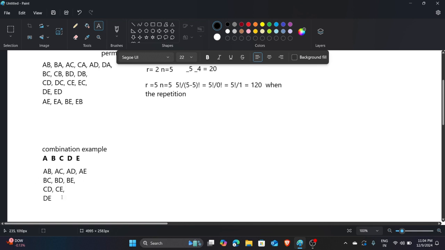In combination, AB or BA are both the same, AC or CA are both the same. Why? I already explained it.